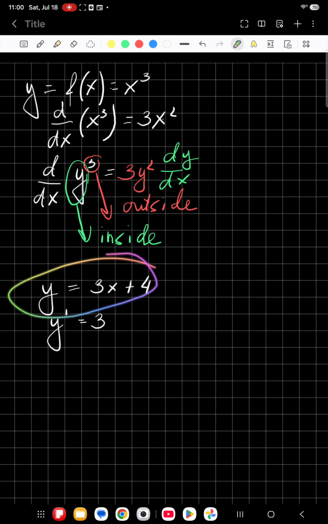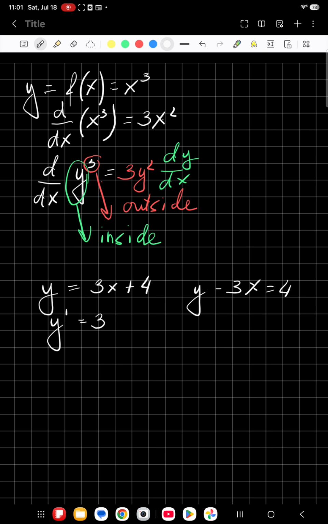This is just a straight line. Rewrite that in implicit form: y minus 3x equals 4. Now to take a derivative, I would do it the same way.